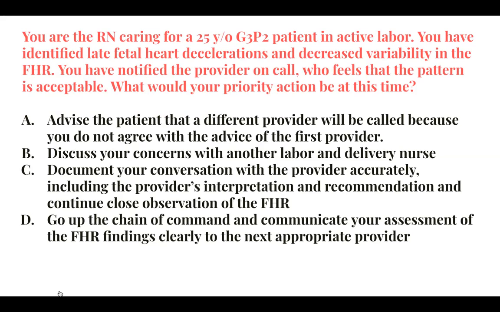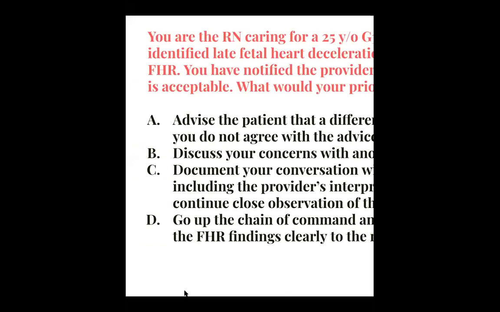So the answer is D, to go up the chain of command and communicate your assessment of the fetal heart rate findings clearly to the next appropriate provider. So it is your job to make sure that the orders that are carried out are best for the baby and best for the mom. You definitely want to get that second opinion, especially if you see those late decels.